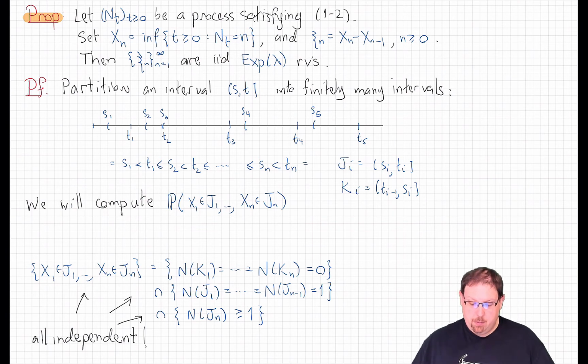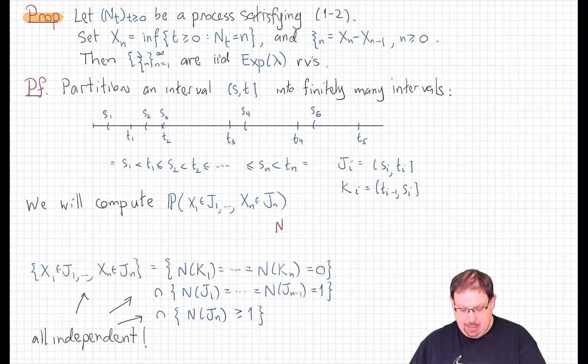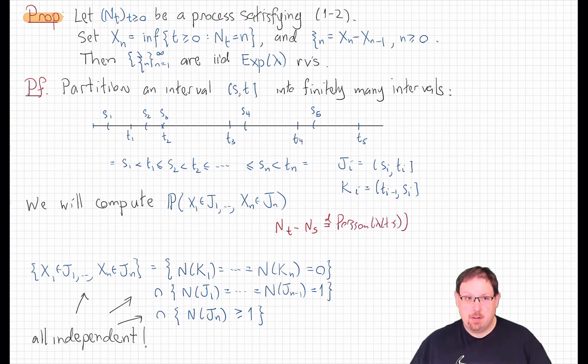So to prove that, we're going to look at these X_n's. Where do those X_n's live? Well, it's important to note that at least for fixed s and t, N_t minus N_s is Poisson, and Poisson distributions are supported on the non-negative integers, so in particular this is greater than or equal to 0.